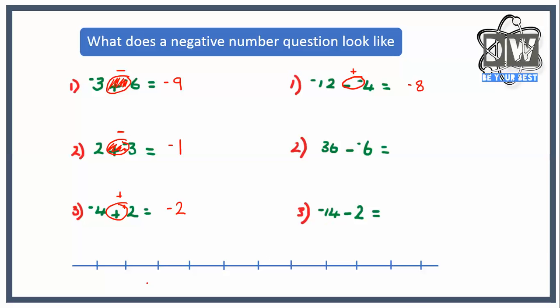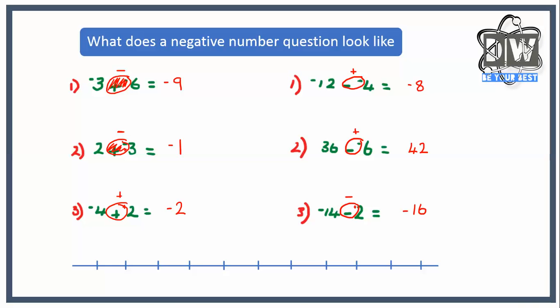Again, use the number line on a sheet of paper if that's what you need to do. Are these symbols the same? Yes, they are. So 36 plus 6 gets me to 42. And last but not least, are these symbols the same? No, they're not. So minus 14, take away another 2, gets me to minus 16.